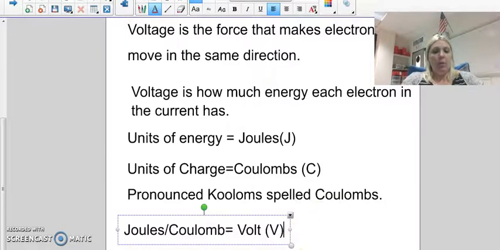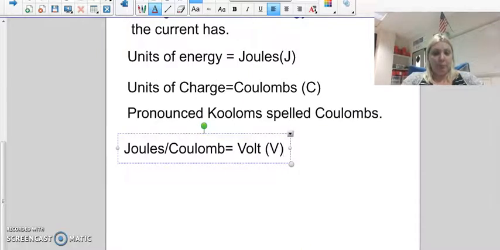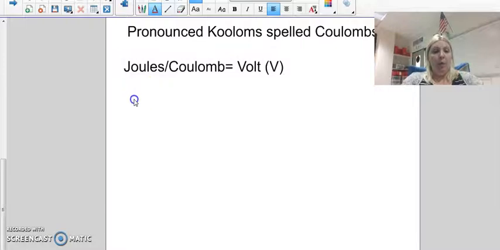So now that we know more about voltage, we can talk a little bit more about the relationship between current and voltage.